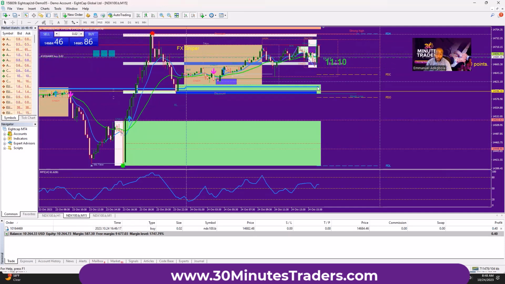I will possibly be waiting for the market to come to this block right here, because this particular place is the other block before this up move. So one way or the other, the market can still find itself to this place right here.